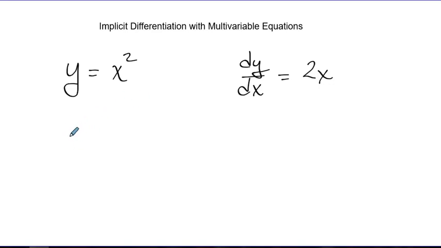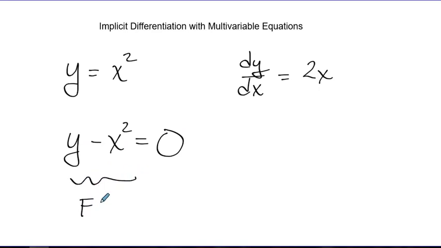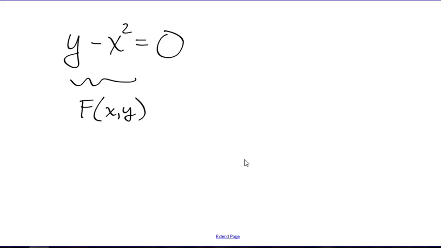So I'm going to rewrite this equation as y minus x squared equal to 0. And then I'm going to call this a function of two variables. Once I have that function of two variables, I can start taking partial derivatives.